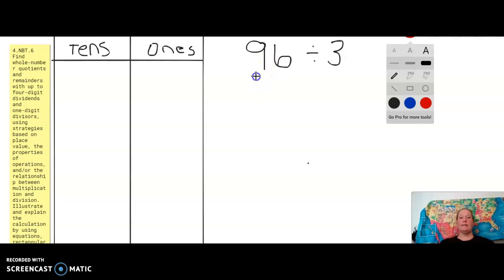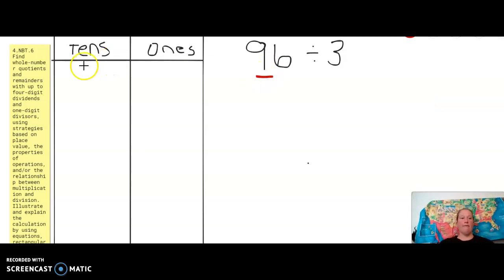So 96, I know that I have 9 tens, 1, 2, 3, 4, 5, 6, 7, 8, 9. And I know I have 6 ones, 1, 2, 3, 4, 5, 6. I'm intentionally doing 5 at a time because that is similar to a 10 frame. So here we go.